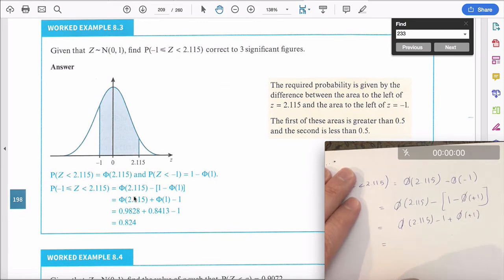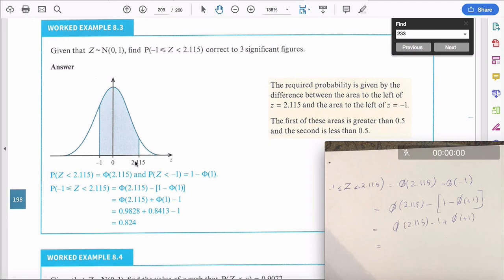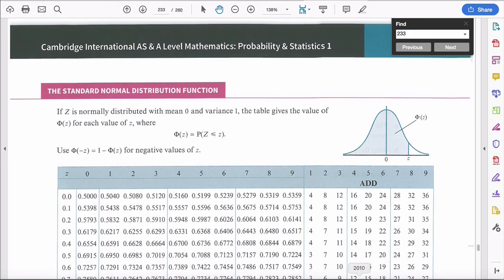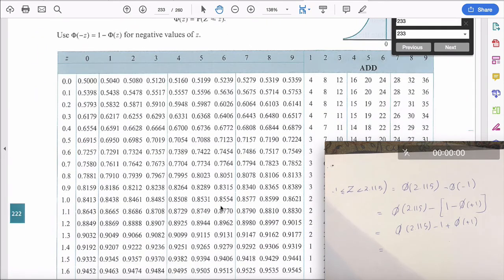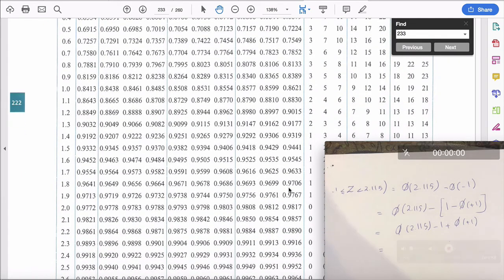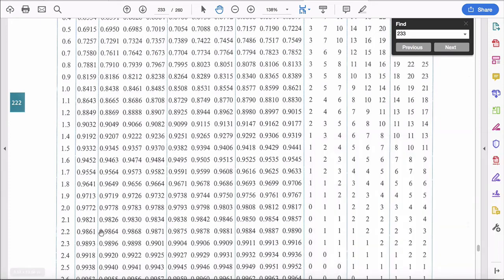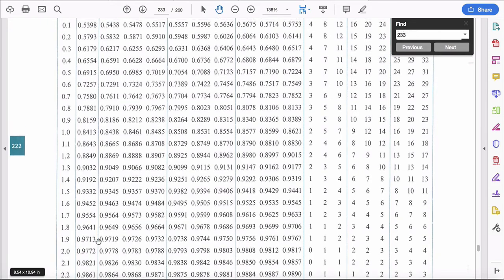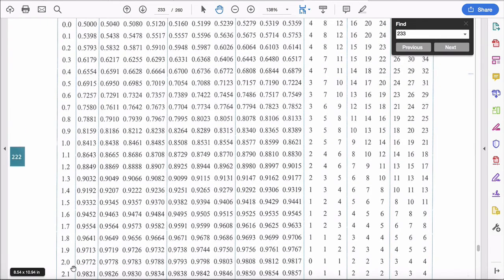Now, I will find them in the table one by one. First, I go for phi of 2.115. It's a special case, it deserves careful attention because it has more digits. 2.1 is here.